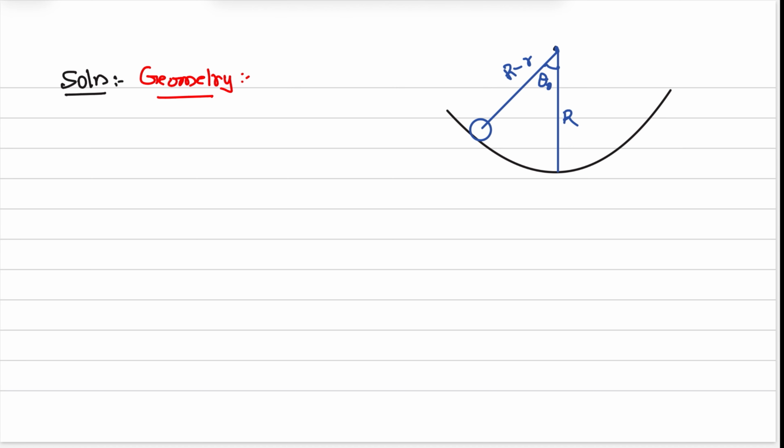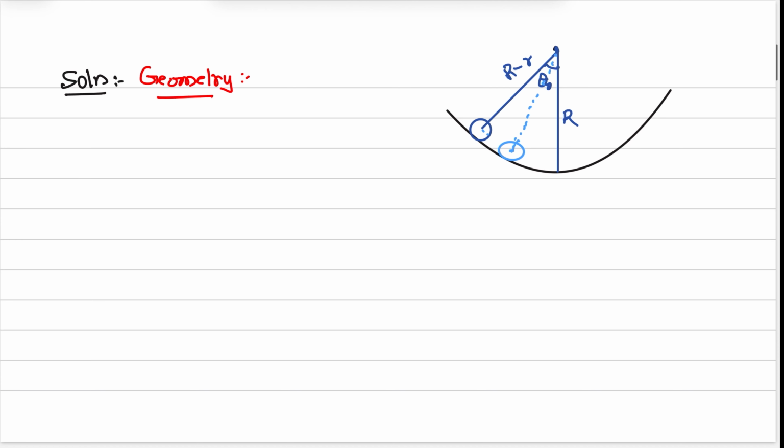What happens when this particular sphere comes here in this position? Because it is not slipping, it is rolling. Let us assume that it is still in contact with the hollow sphere.